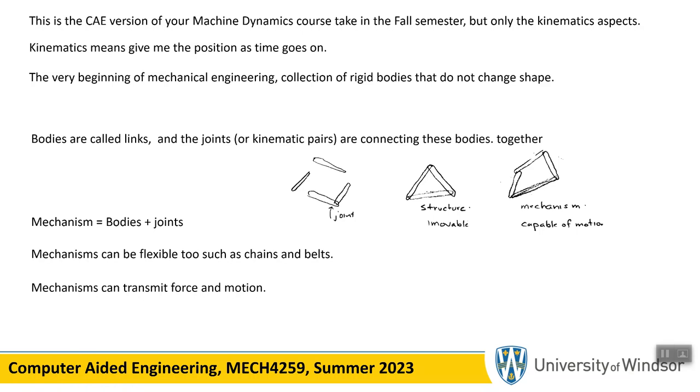And the purpose of a mechanism is to transmit force and motion. For example, if you look at this particular setup here, if you take this bar and attach it to a motor that's continuously turning, then maybe if the conditions are met, this link can actually continuously turn, and what that does to this other link is make it rock back and forth.